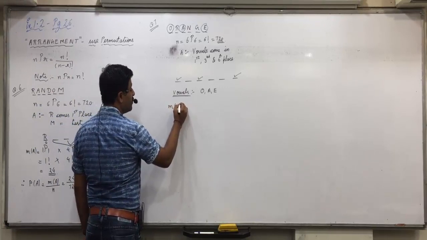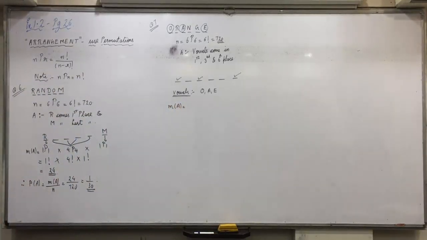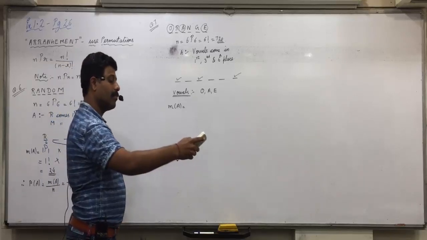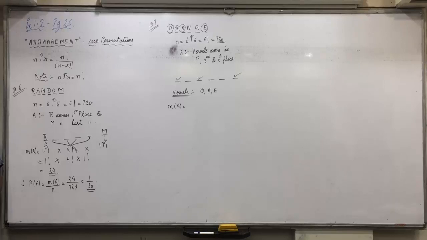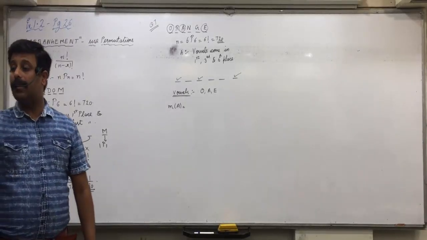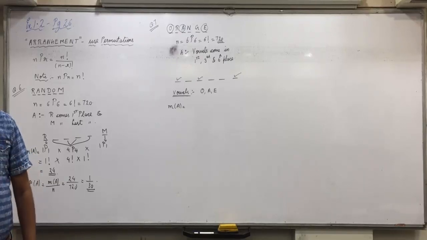Now raise your hand. How will you find m(A)? So that vowels come in these three places: first, third, and sixth. Yes, Parik: 3P1 multiplied by 2P1 multiplied by 1P1 multiplied by 3P3.